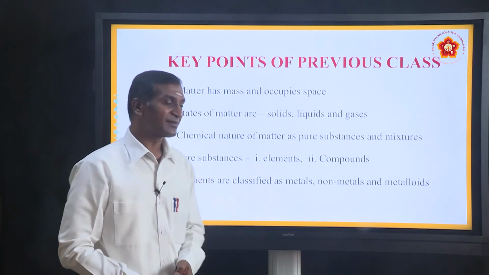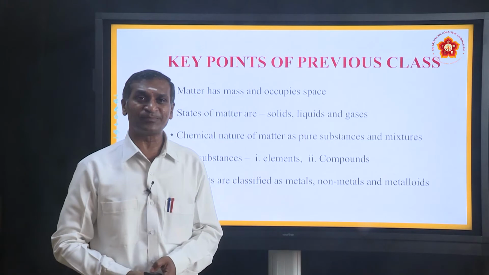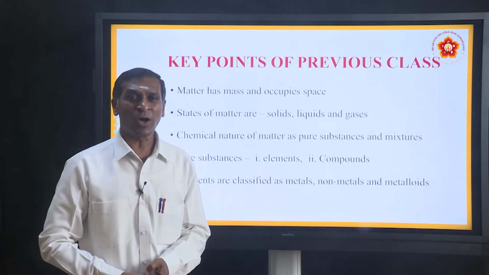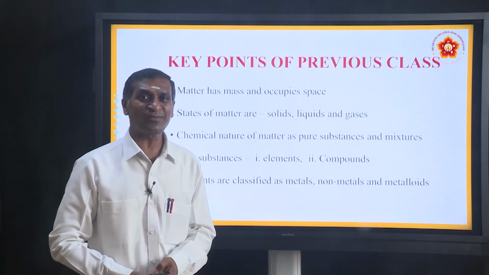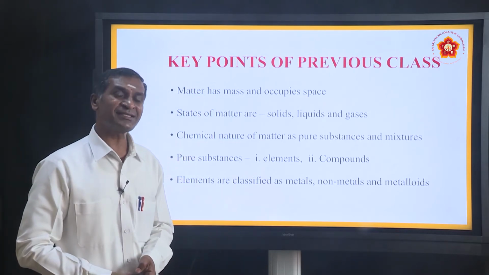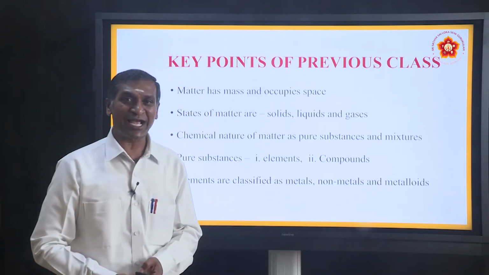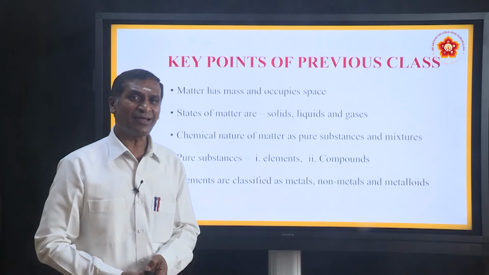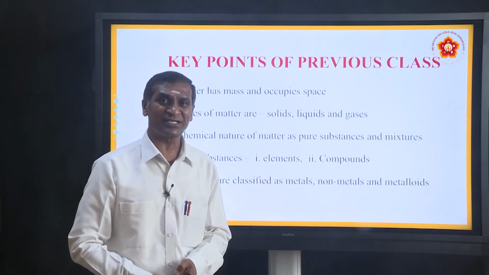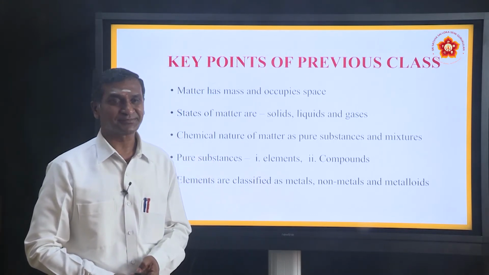Dear students, further, the classification of elements, for our better understanding in higher classes, on the basis of physical and chemical nature: we understood that elements are classified as metals, which are shining and have malleability and ductility, and are good conductors of heat and electricity.